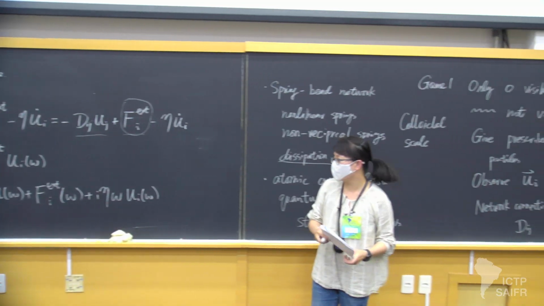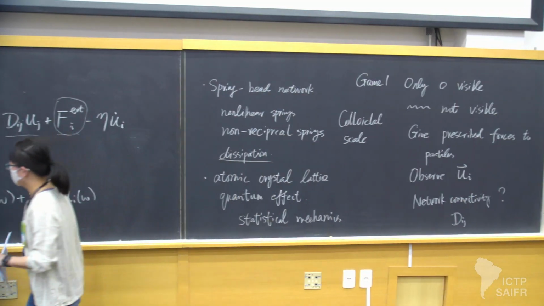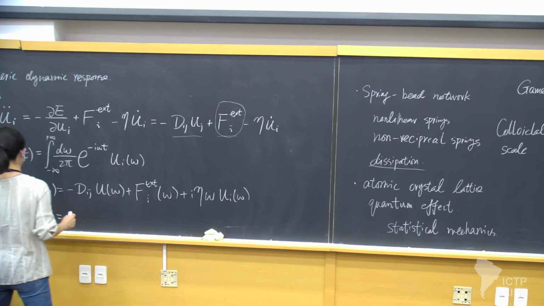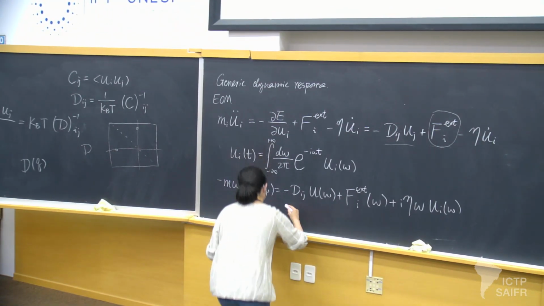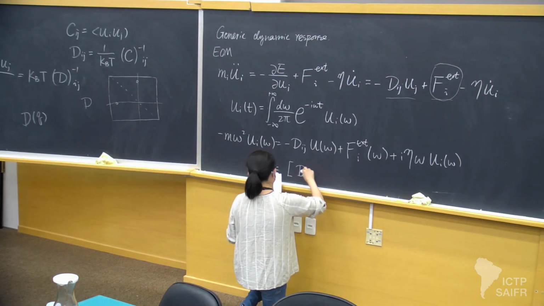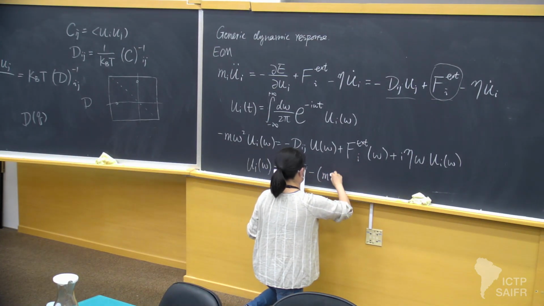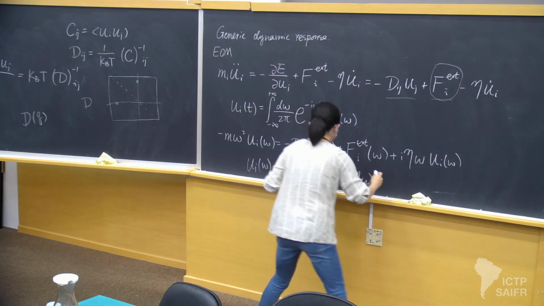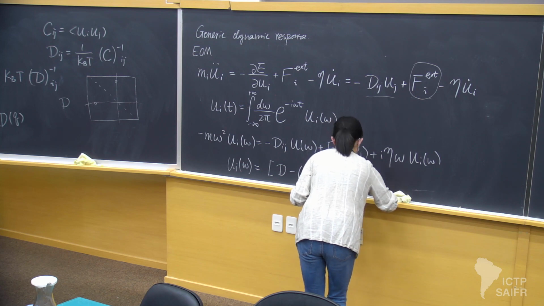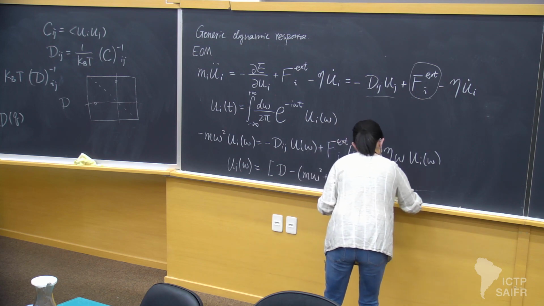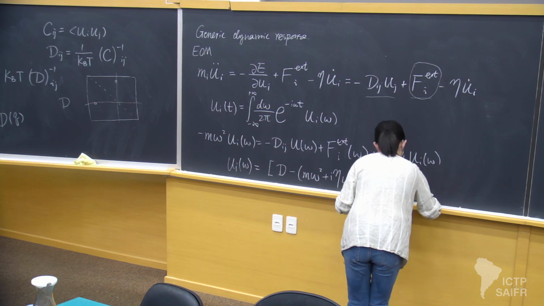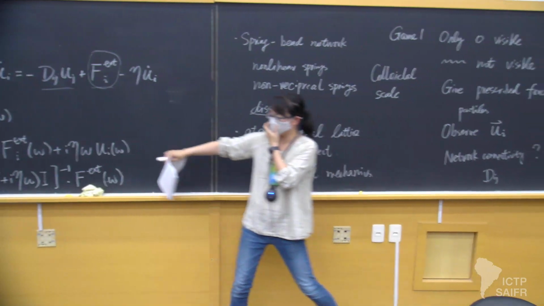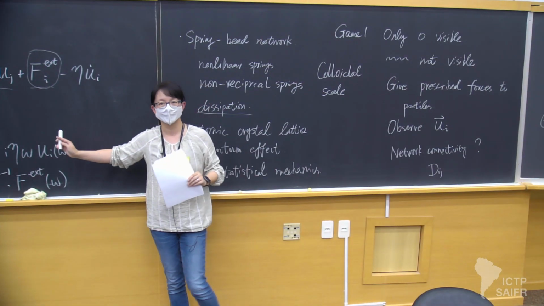Then I can formally solve it, right? By writing u_i(omega) equal to... Okay? Is it clear what this means? Okay.